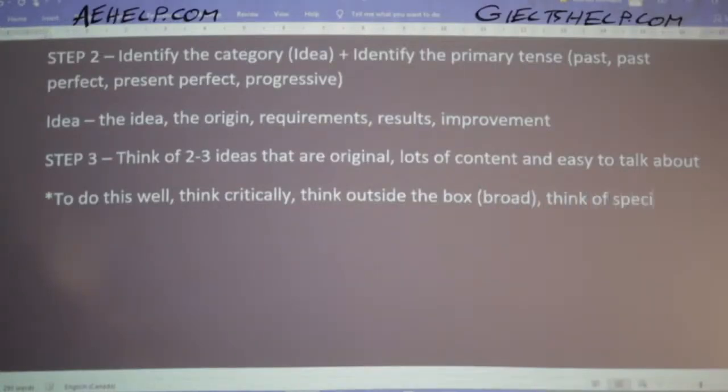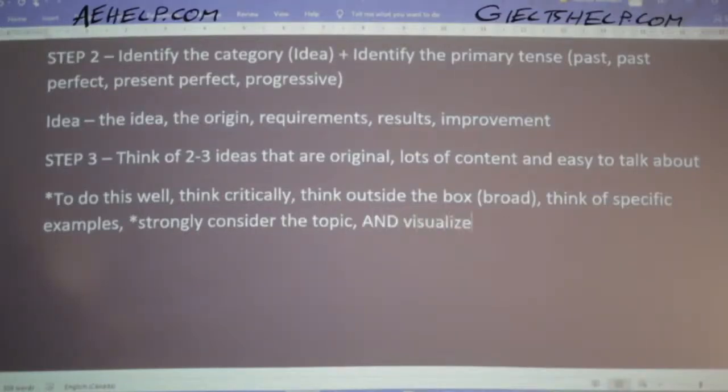Think of specific examples and strongly consider the topic, okay? All right, and visualize. Okay, so you have to practice all of these.